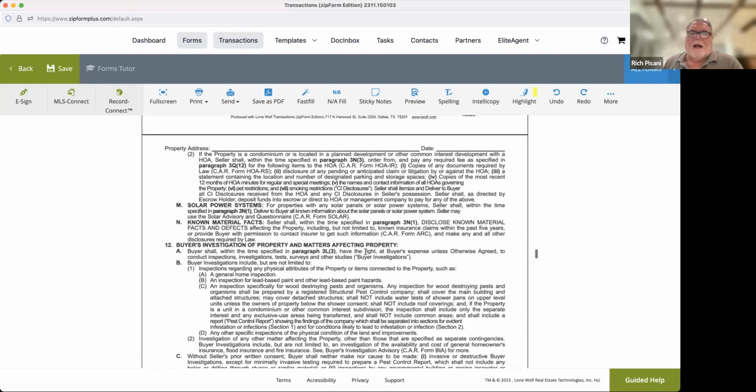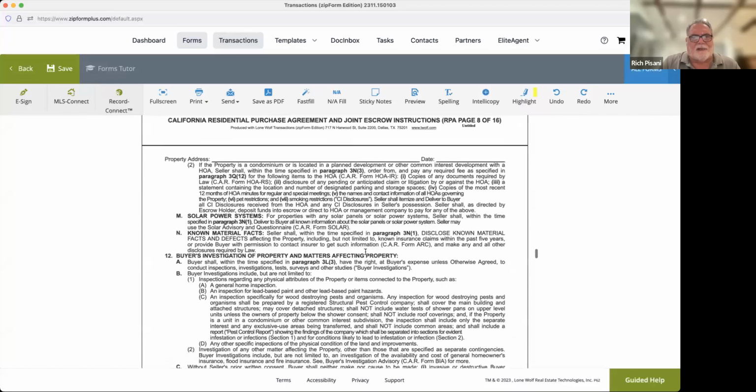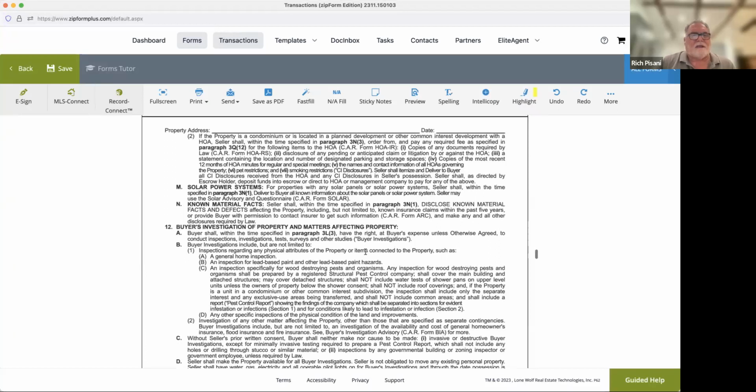Okay. This talks about condominium and planned developments. Remember, a condominium or a planned development doesn't have to be condos. It could be single family homes that have an HOA around it. Solar systems, known material facts.